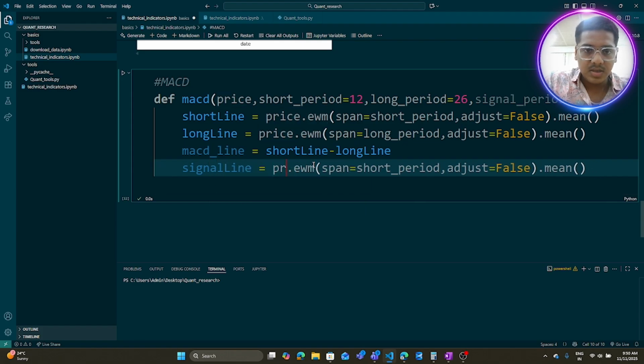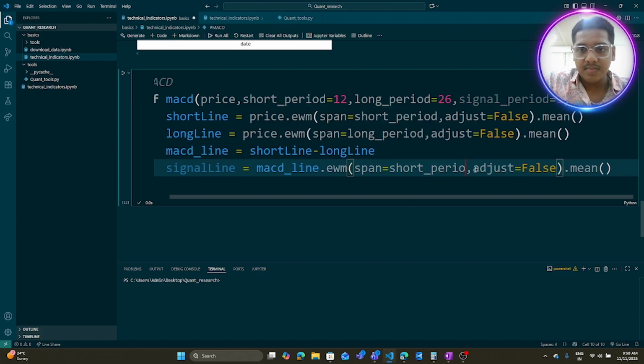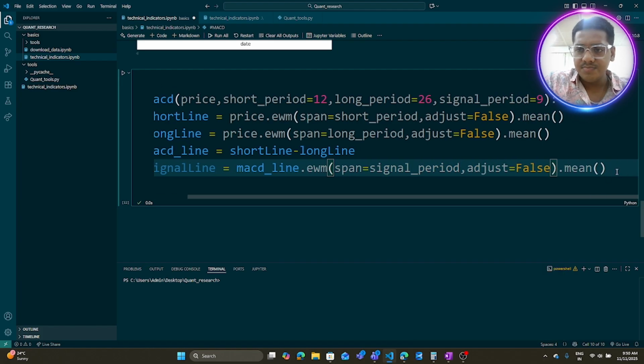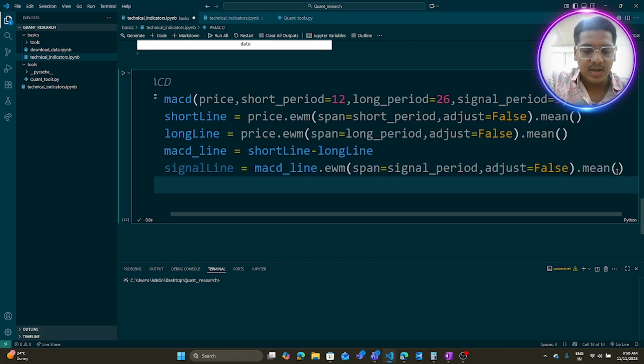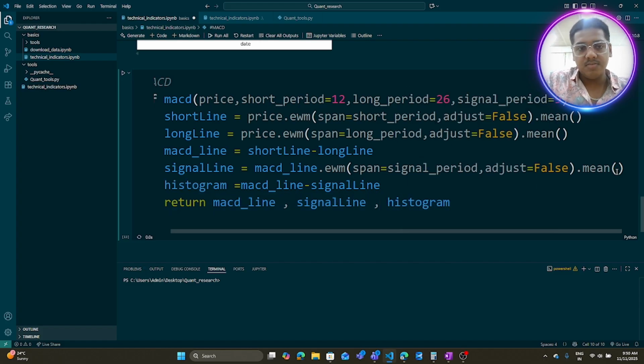Now we'll find the signal line. The signal line is basically the MACD line.ewm, and we'll just update the span as signal period and the same. Then we will find the histogram. The histogram will be MACD line minus signal line. Done. We'll return all three components: MACD line, signal line, and histogram.